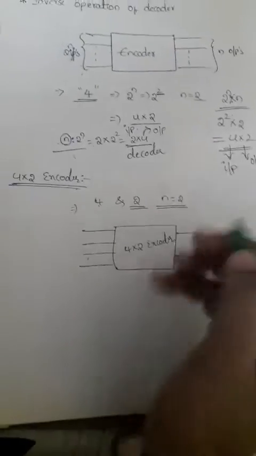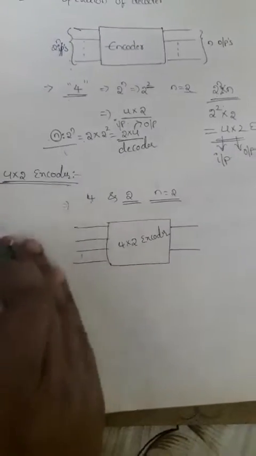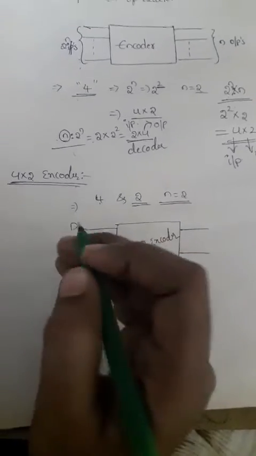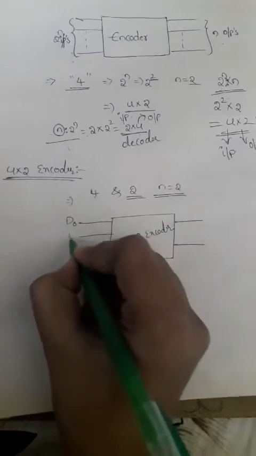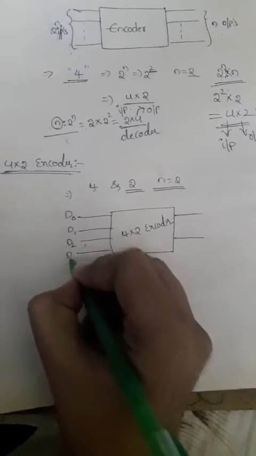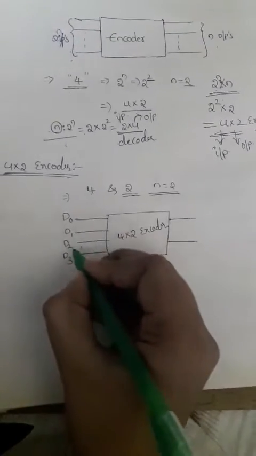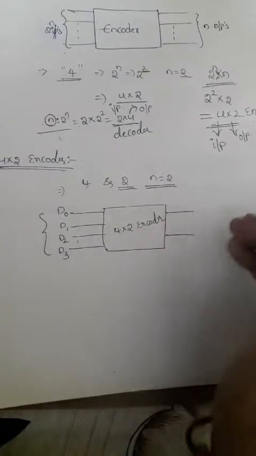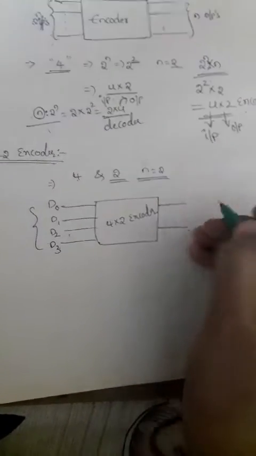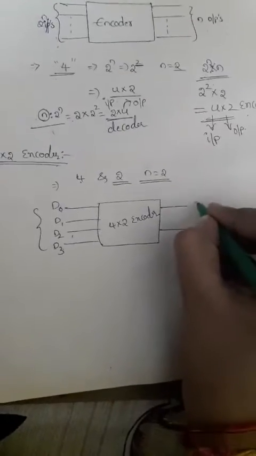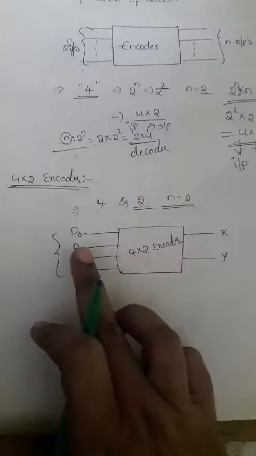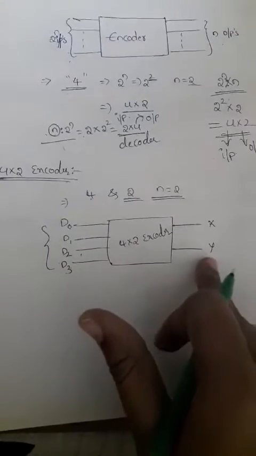The 4 input lines I can label as data lines, so I can refer to the input lines as D: D0, D1, D2, D3. First one, second one, third one, fourth one, we get the 4 input lines here. The output lines are 2, which I can refer to as X and Y. So I can label the input lines as D and the output lines as X and Y.